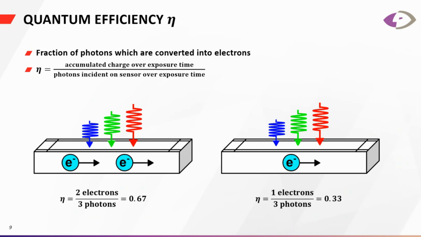But we don't live in a perfect world. There are several reasons why you can't get perfect quantum efficiency. But in this case, quantum efficiency is defined as the ratio of how many electrons you do generate to how many photons are incident on your sensor.